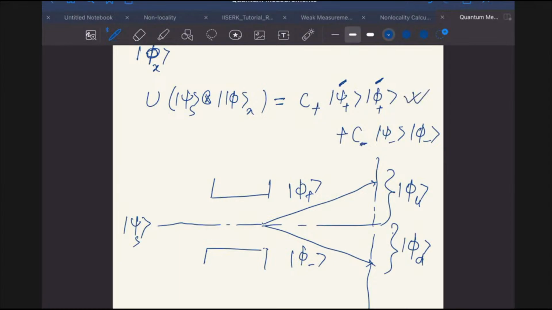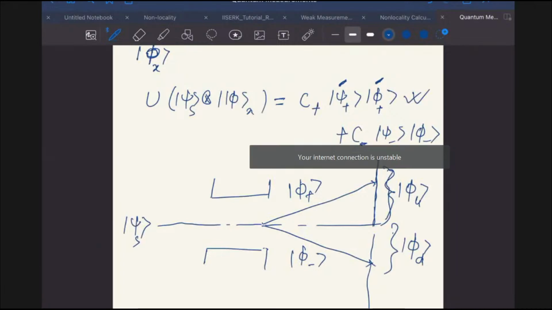Now, after this association, the state is detected on the screen, but I am assuming that this detection over the screen is given by some other wave function, phi u and phi d, right? In general, I should not assume that phi plus should be phi u and phi minus should be phi d, because I should not use entanglement, since I have not introduced it here.